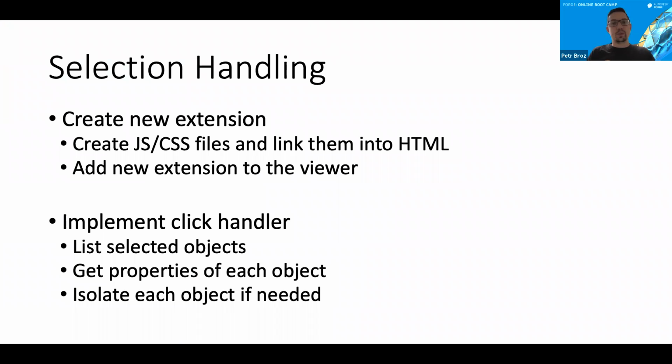What we'll do is we'll just copy and paste the skeleton of the viewer extension we implemented in the second segment. And this time we will use the viewer APIs to get the list of all selected objects, their IDs. We will iterate through this list and retrieve properties of each object to get the external ID.